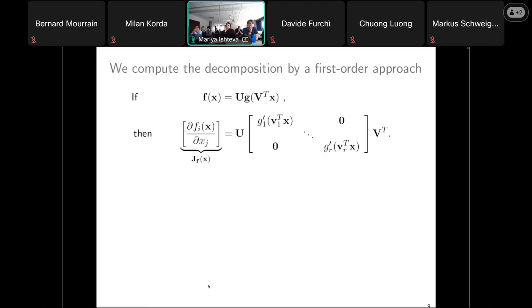We know F. This matrix we can construct. In fact, we can construct as many matrices as we like, because for every X, we get a different matrix. So basically, we evaluate the partial derivatives in different points. For every point, we get a matrix. So we have a bunch of matrices, and all of them we can decompose as U, some diagonal matrix, and V transpose.